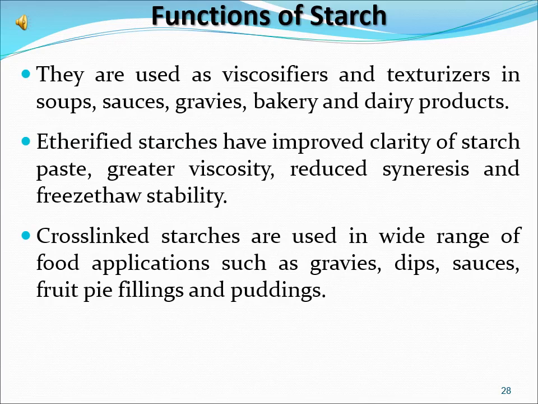They are used as viscosifiers and texturizers in soups, sauces, gravies, bakery and dairy products. Esterified starches have improved clarity of starch paste, greater viscosity, reduced syneresis and freeze-thaw stability. Cross-linked starches are used in a wide range of food applications such as gravies, dips, sauces, fruit pie fillings and puddings.